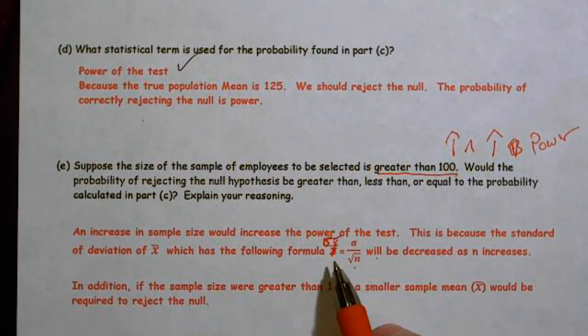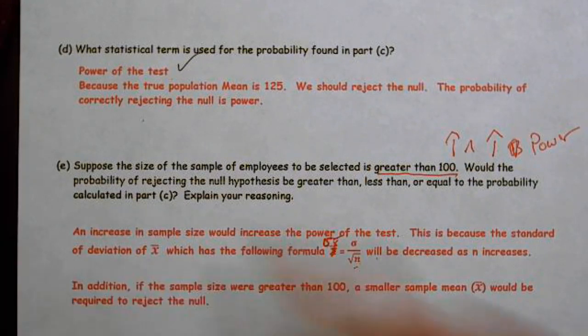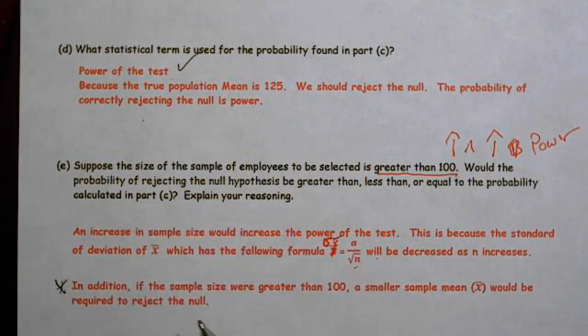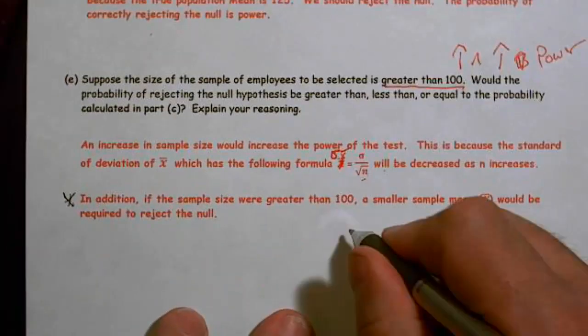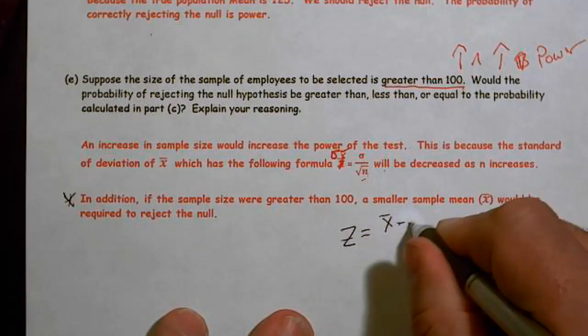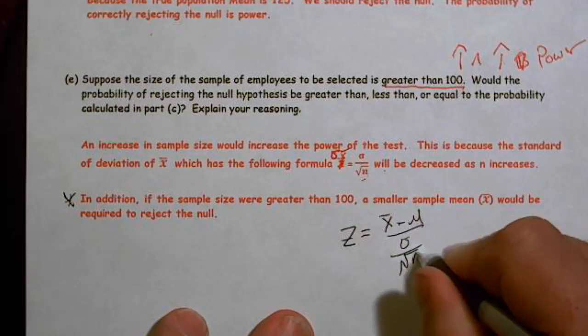As n gets bigger, the standard deviation of X bar will decrease, because we're dividing by a bigger and bigger number. Now, you also had to have this part, and this is where I disagreed with them. I disagreed that we needed to include it, but nonetheless, we needed to say so. They said so. So we had essentially this is our initial formula. So z equals X bar minus mu over sigma divided by the square root of n.